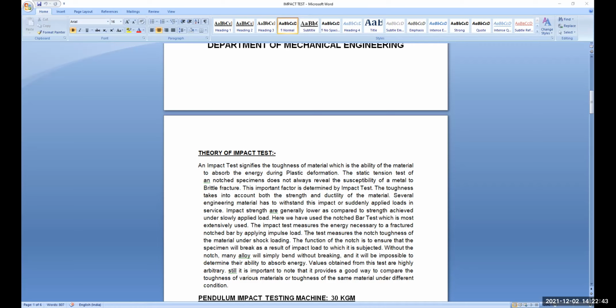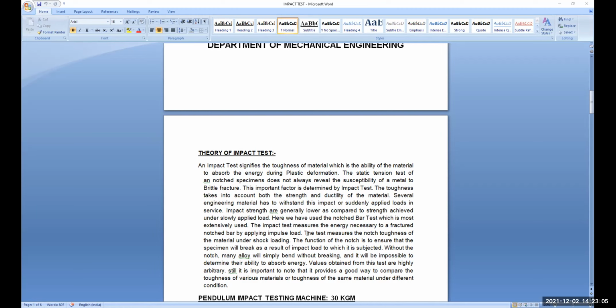The impact value represents the energy necessary to fracture a notched bar by applying an impact load. So to break a notched bar, how much energy is required? That is given by applying this impact load, and it is the measurement taken by the impact test.